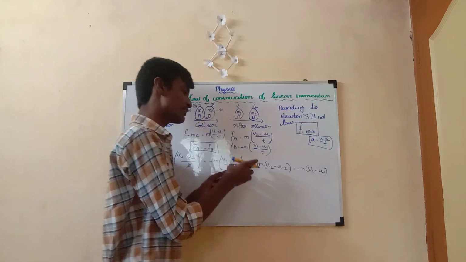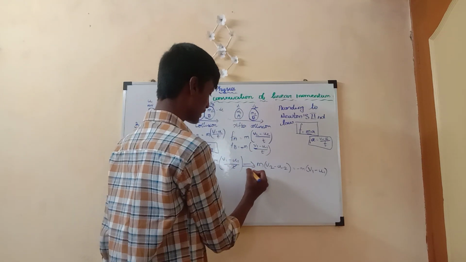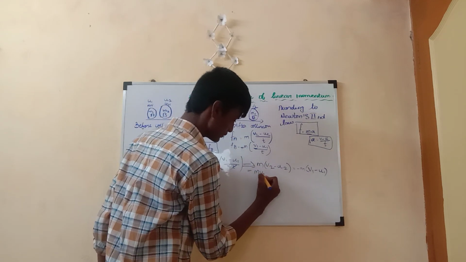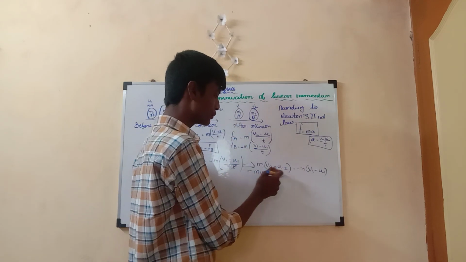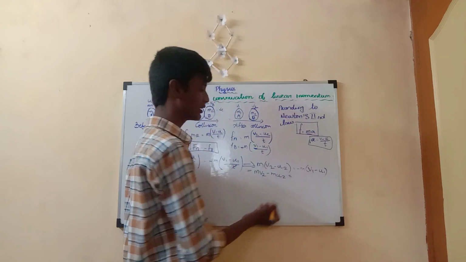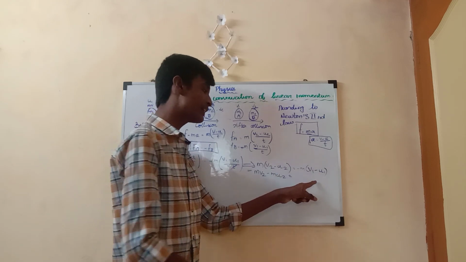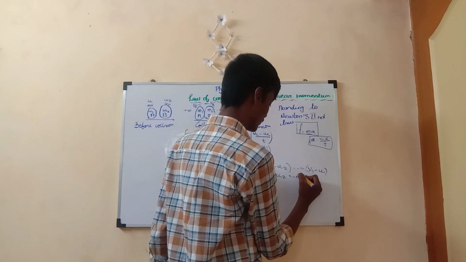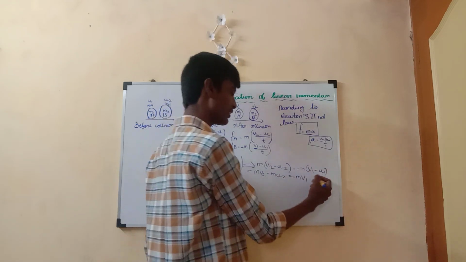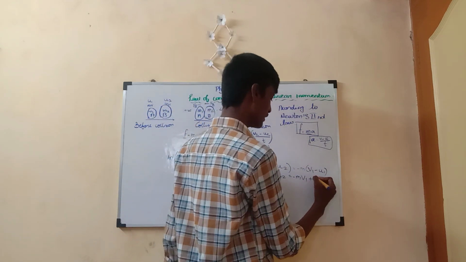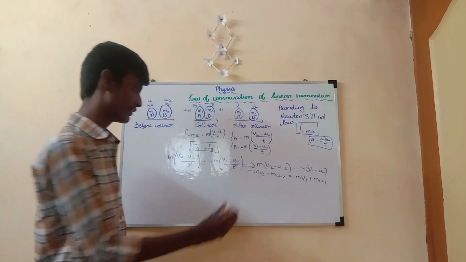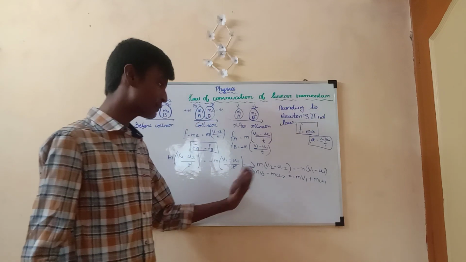Then m v2 minus m u2 is equal to minus m v1 plus m u1. Okay, this is our last step before the final process.